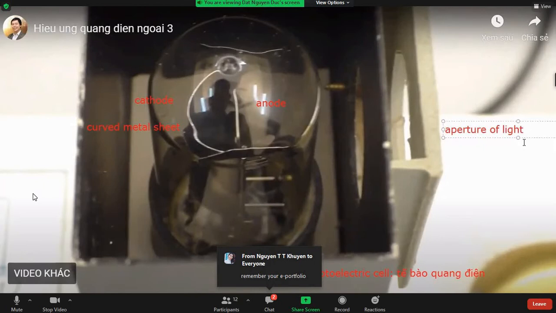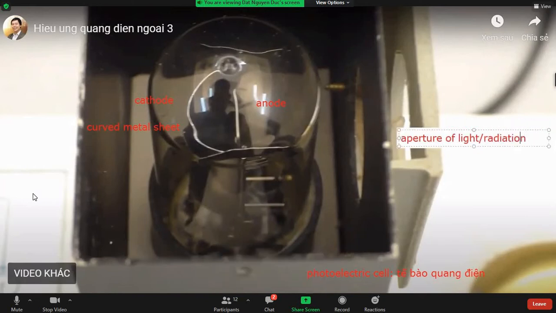Or you can say the radiation, because it's not always light. It can also be violet, so it can be radiations. Okay. So what is the purpose of the hole here?